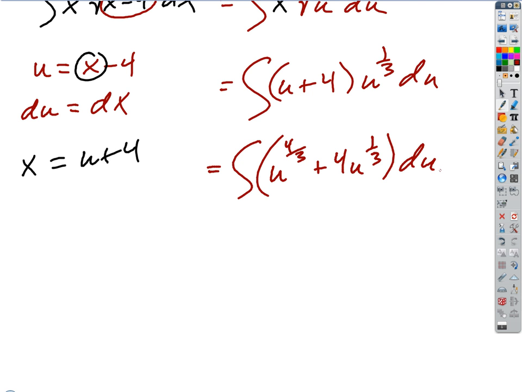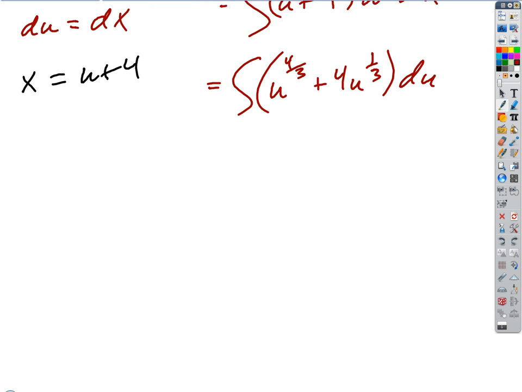Okay. So what do we get for our antiderivative then? It's going to get 7/3, so we're going to get u to the 7/3 over 7/3, which we would instead write as times 3/7, plus 4, so I'm going to get 4 times 3/4, right?